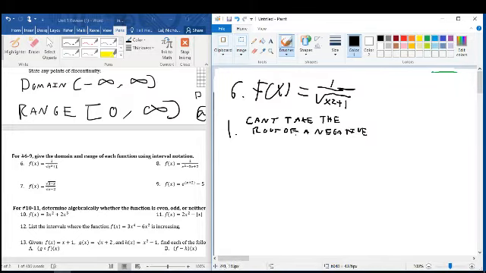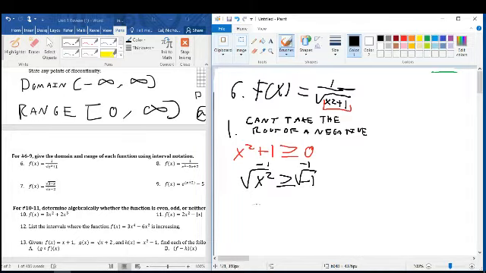We look at that x squared plus 1 and say that can't be negative, so it must be greater than or equal to 0. Do some algebra here. Subtract 1 from each side. x squared must be greater than or equal to -1. Square root of each side.